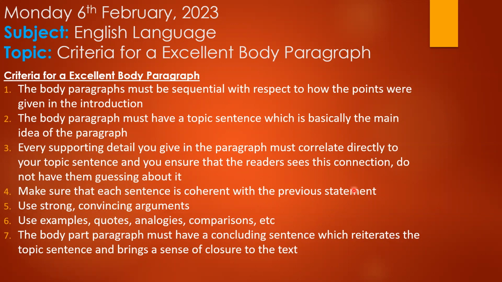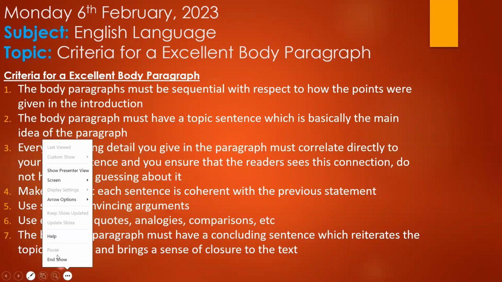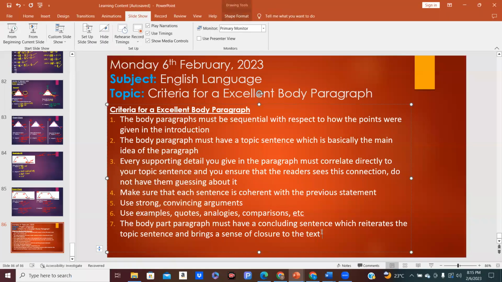Obviously, you want to also ensure that you have good grammar. You're not making simple grammatical errors. You're going to make sure that your writing is mature. Those 2 things are given. So maybe I should also say that it should be 8 and 9.